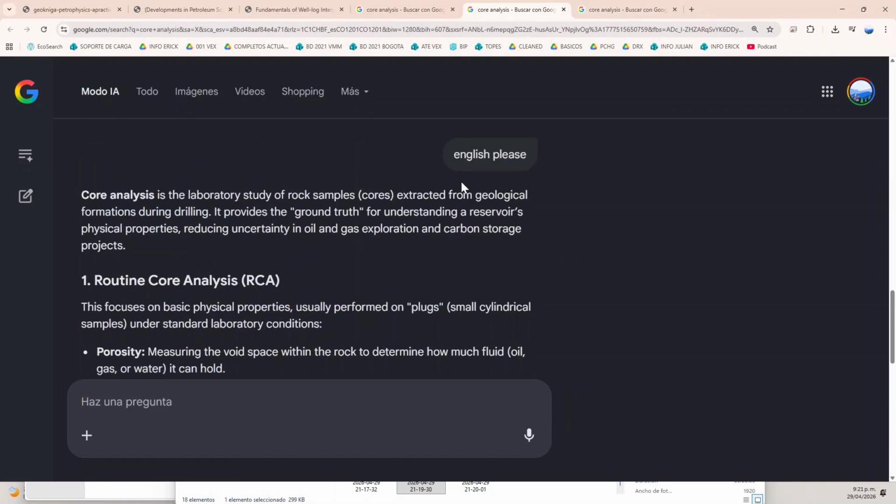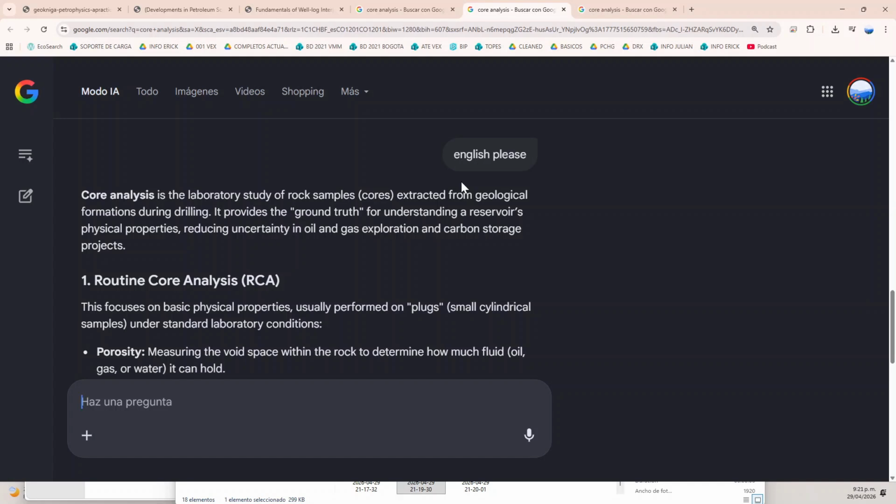Core analysis is the laboratory study of rock samples, cores, extracted from geological formations during drilling. It provides ground truth for understanding a reservoir's physical properties, reducing uncertainty in oil and gas exploration and carbon storage projects. So why are we talking about ground truth?